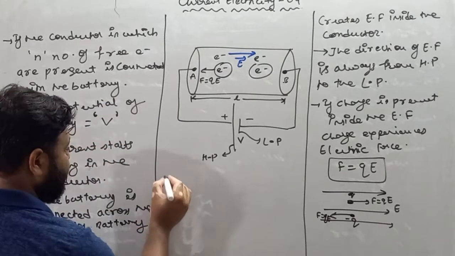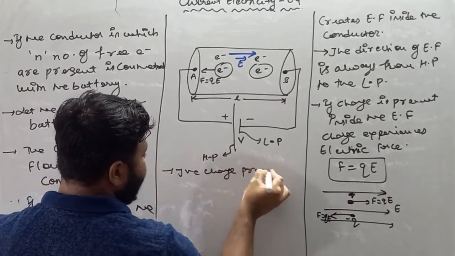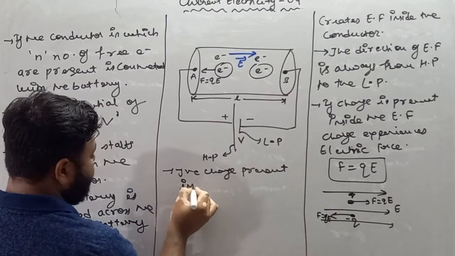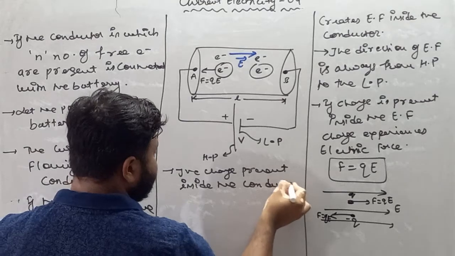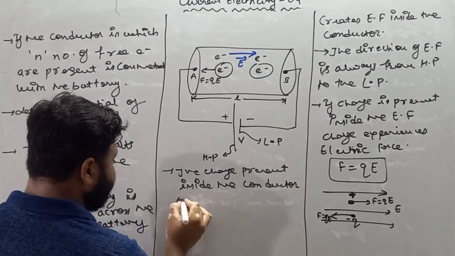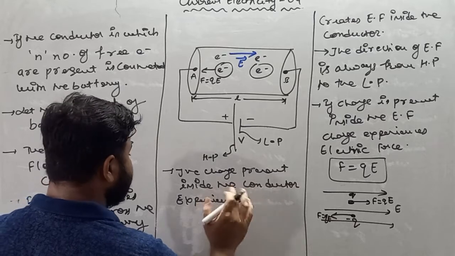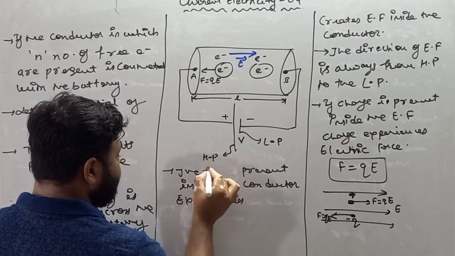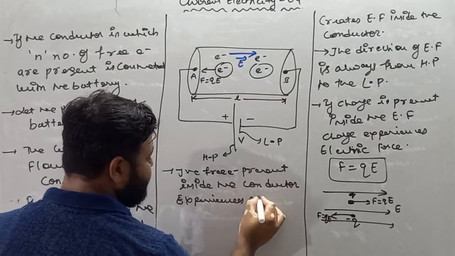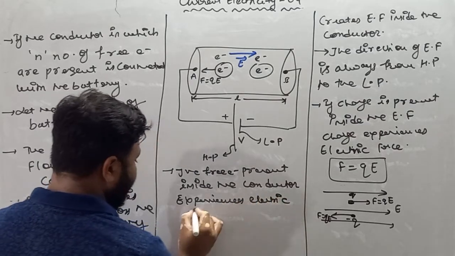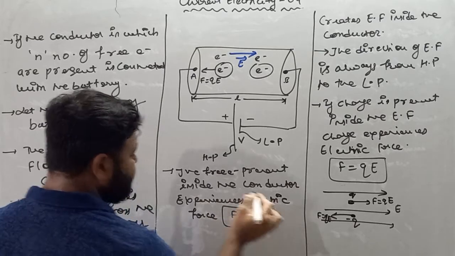So I'll write here: the free electron present inside the conductor experiences electric force F equals QE.